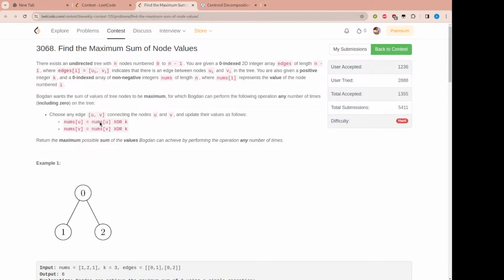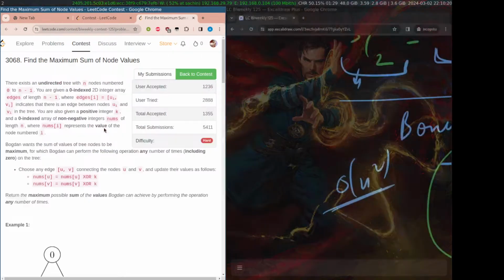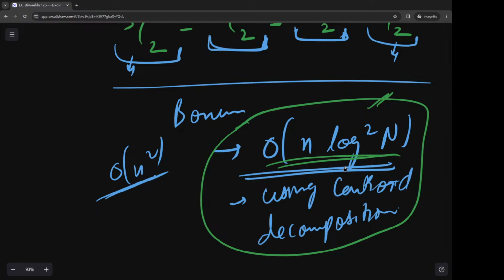Okay, third was not clear properly. Okay, I will try to summarize third once more. The first thing in the third was that n was up to 1000 only.